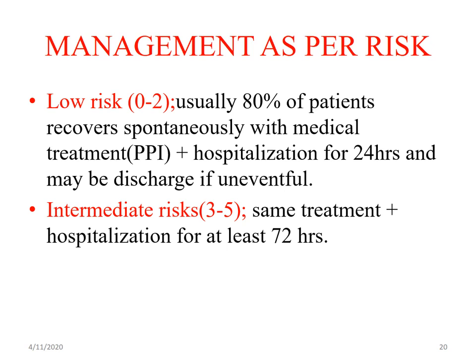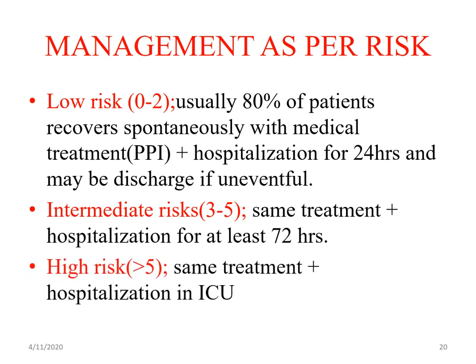For those patients with intermediate risk, the same treatment: we give the patient a proton pump inhibitor, but the hospitalization should be for at least 3 days to avoid complications or re-bleeding. For those of high risk, more than 5, those patients should have the same treatment, and then we should hospitalize them.